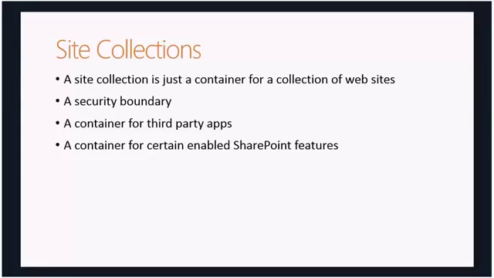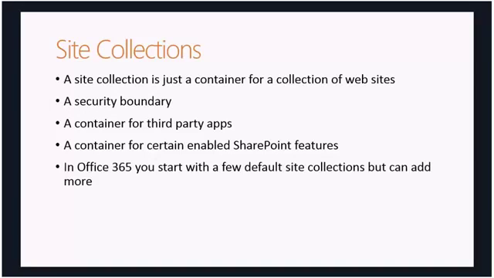However, you may also wish to have something far more complex that may have full enterprise publishing or complete document management. You can do that in a second site collection and only have that feature apply within that area. So think of it as a container to control which features are enabled in that area. In Office 365, you're going to start with a few default site collections, but you can always add more.